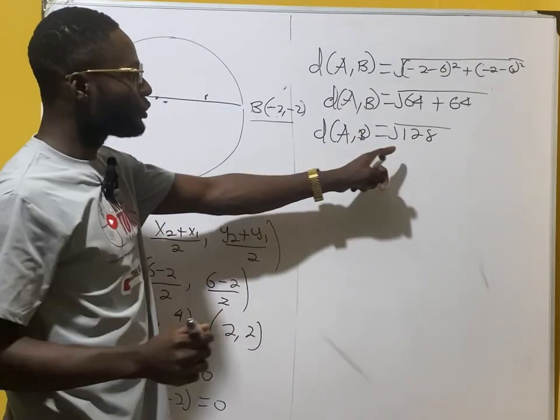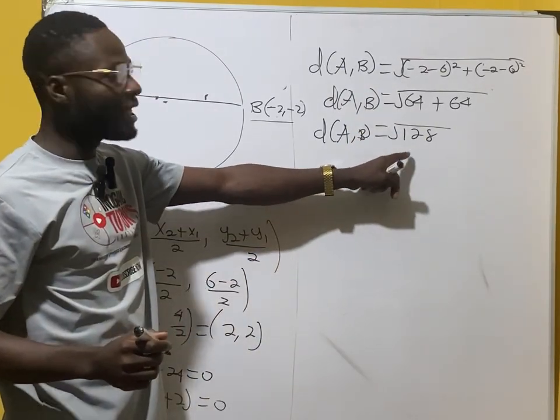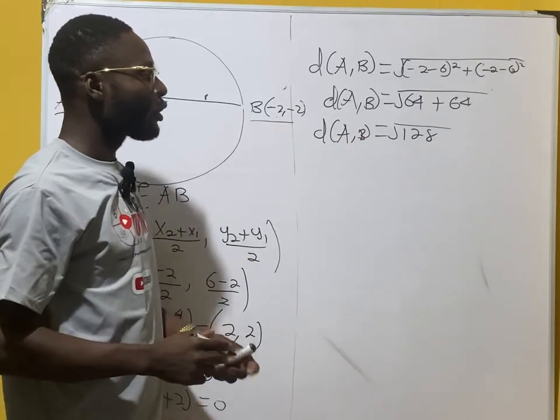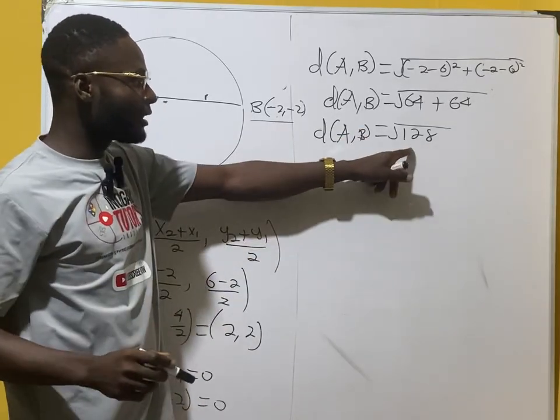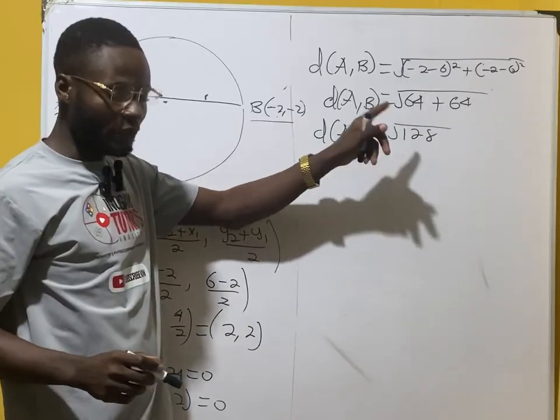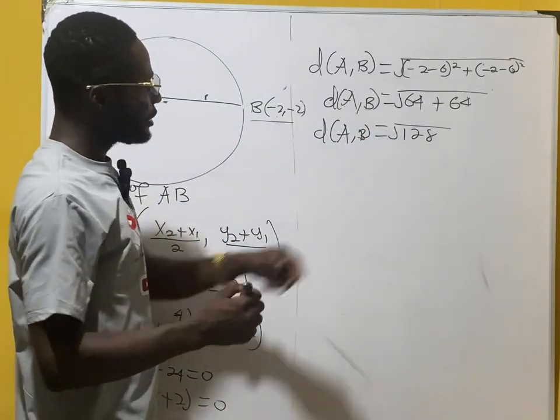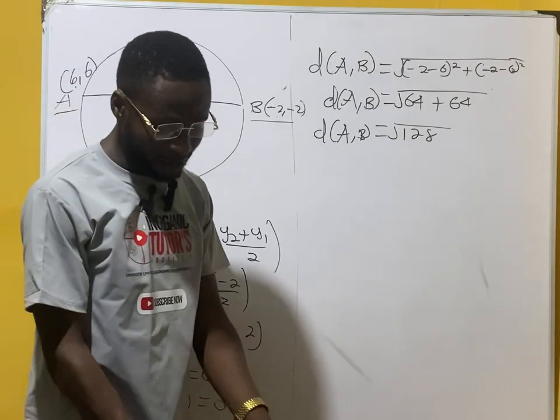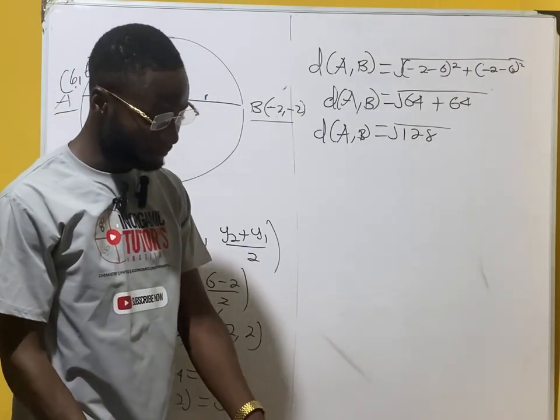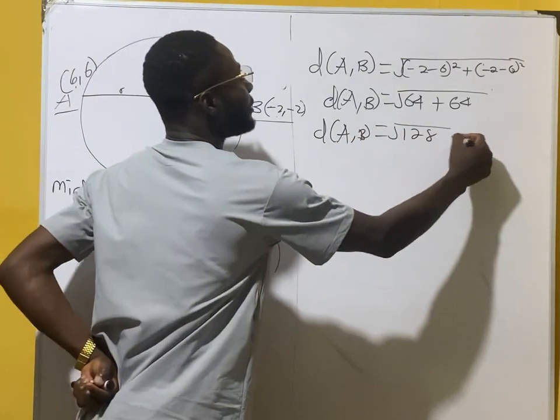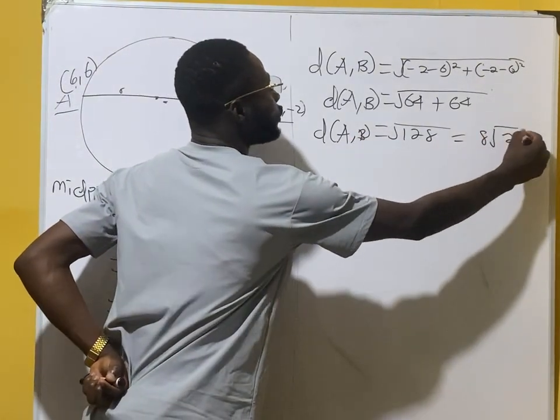If you want to get the radius, you have to take half of this distance. So we are going to take half of the distance of A and B to get the radius. When you simplify the square root of 128, you're going to have 8 square root of 2.